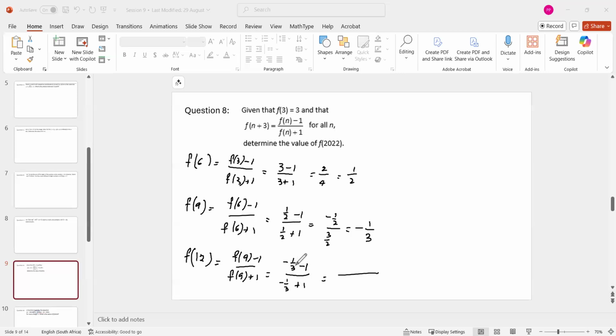I don't like fractions, so I'll multiply throughout by 3. I get -1 minus 3 on top, and on the bottom, -1 plus 3. And that gives you -4 over 2, which is -2. So we're still not getting anywhere here. And so we got f of 3, 6, 9, 12.